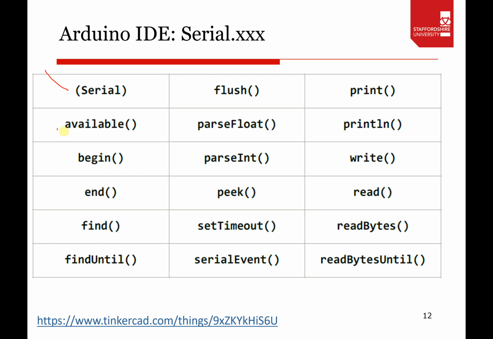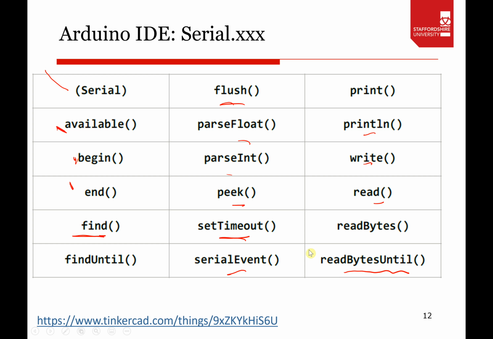Then available is the link available. Start communication, end the communication, find somebody on the link, flush, clear the link through, send a float, send an integer, peek, set a timeout, serial event, read bytes until a certain time, read, write, print line, so print a single line or just print.